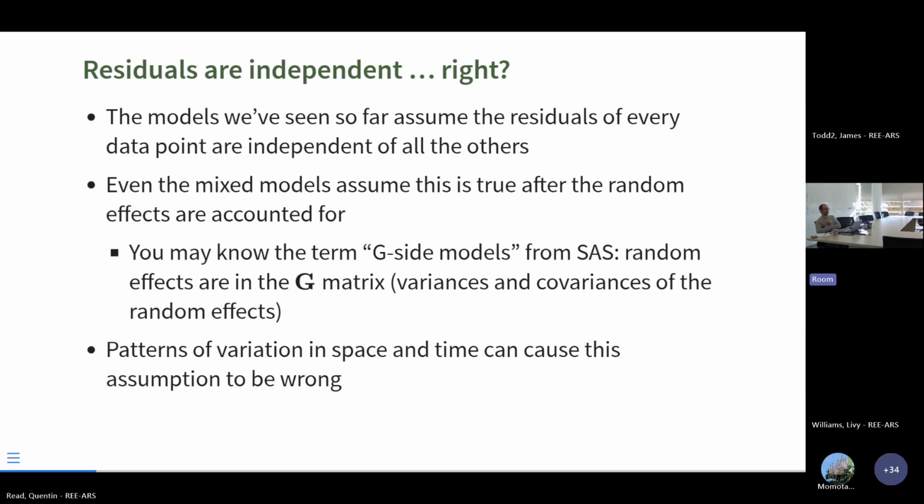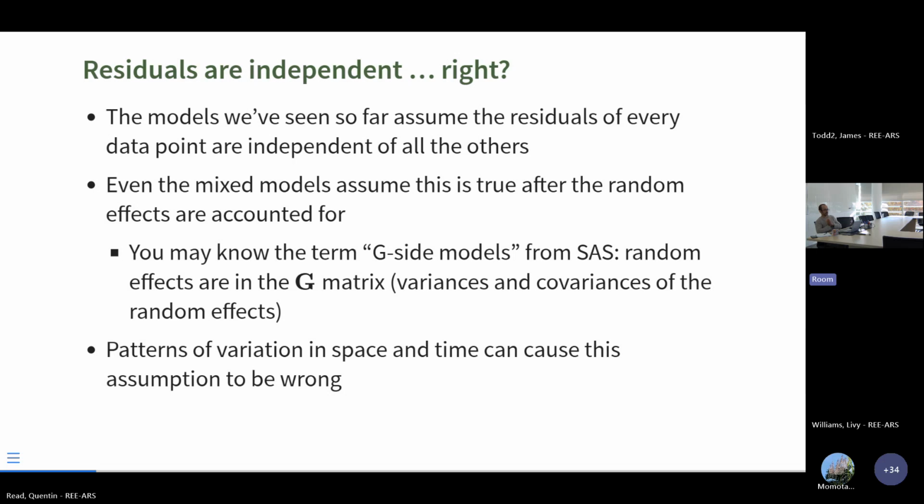Like yesterday, we did the turnip yield plots. After you've accounted for all the fixed effects, the treatment, and after you've accounted for what block that plot is in, we've accounted for those fixed and random effects, then any variation in a particular data point is just random. It has nothing to do with any of the other data points. That's what we've assumed, whether it's fixed or random.